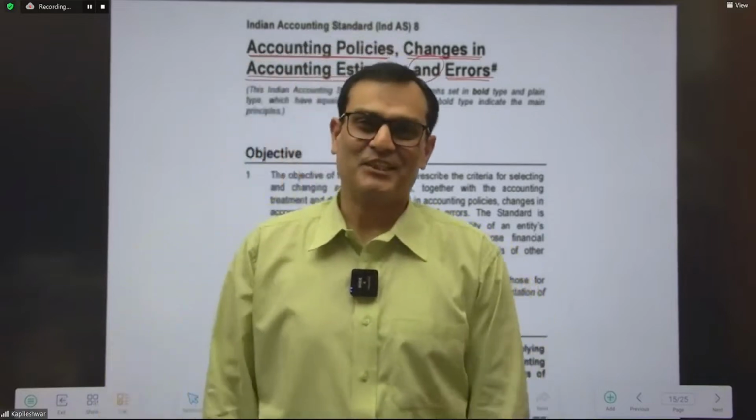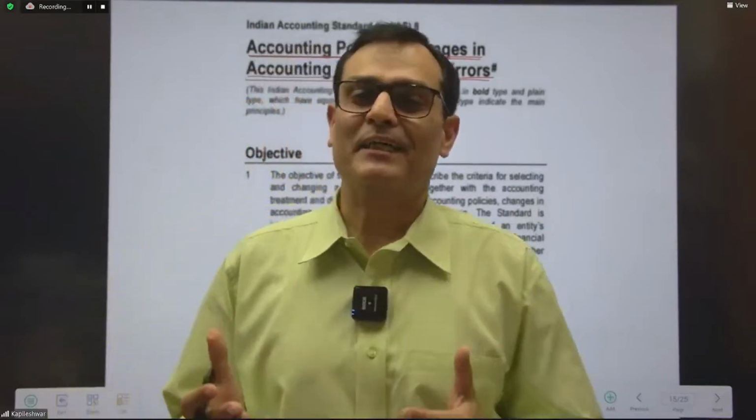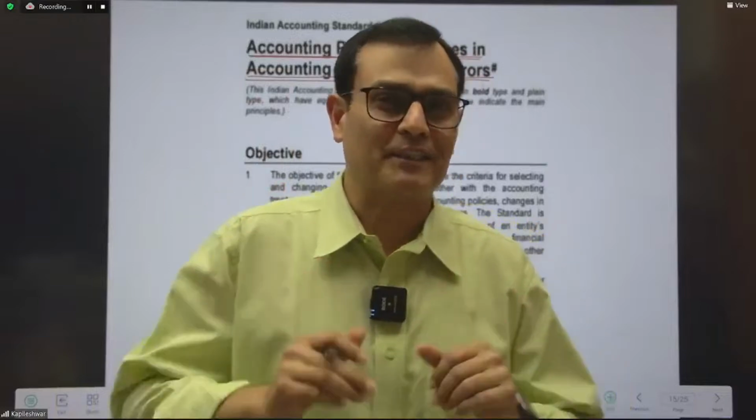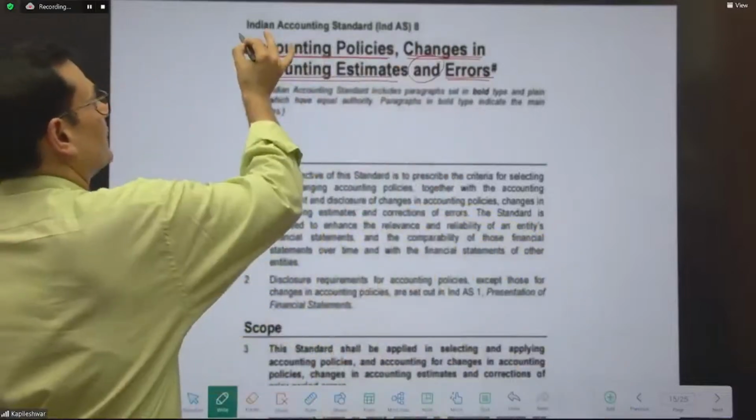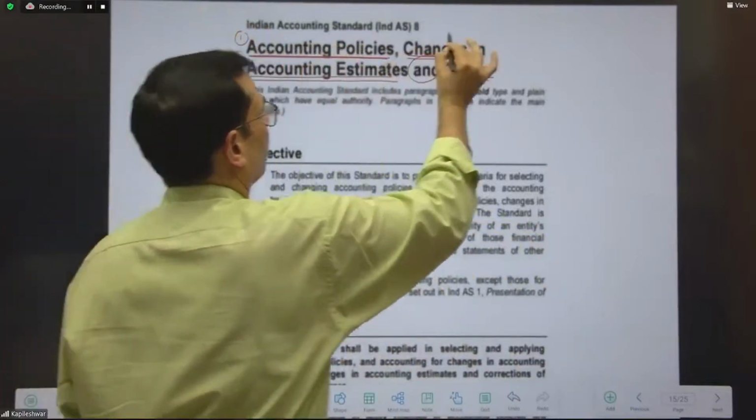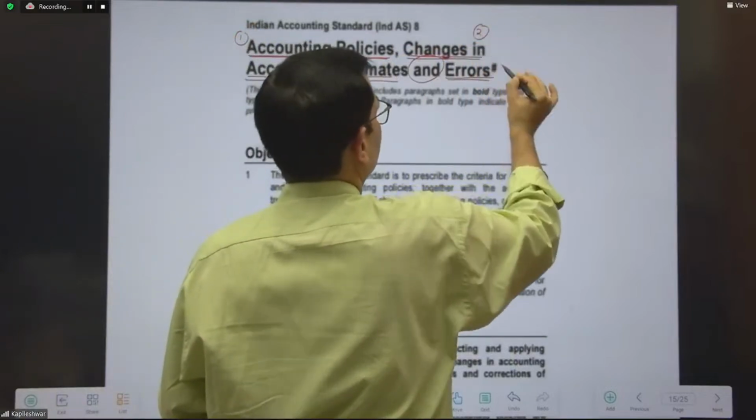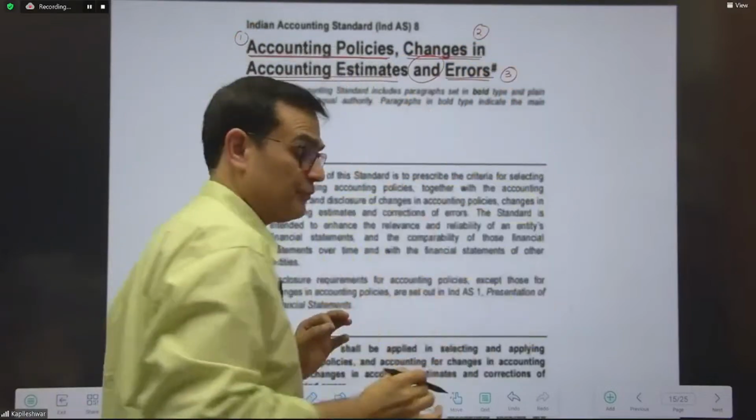Why does it happen with me that every time I take up things, there are always 3 steps, always 3 concepts? I'm just looking at the name of the standard and it's got 3 agendas indeed. One is accounting policy, one is changes in accounting estimate, and one is errors.